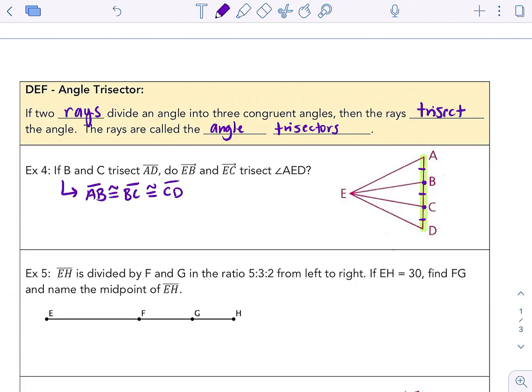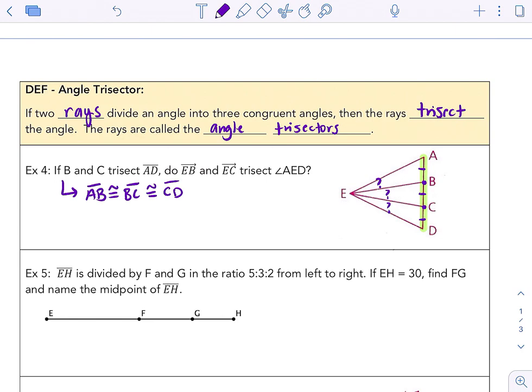So now this means if I take those trisection points, those equal segments, and if I connect out to point E, does that guarantee me that these three angles have to be congruent? So again, I want you to stop. If you need to pause the video, do that. And I want you to think, yes, if you think it's yes, those rays definitely, because the segment's trisected, the angle has to be too.